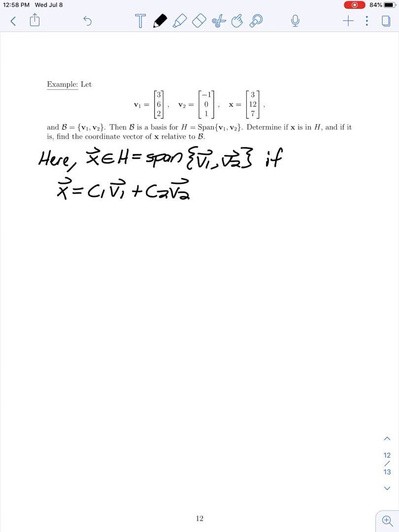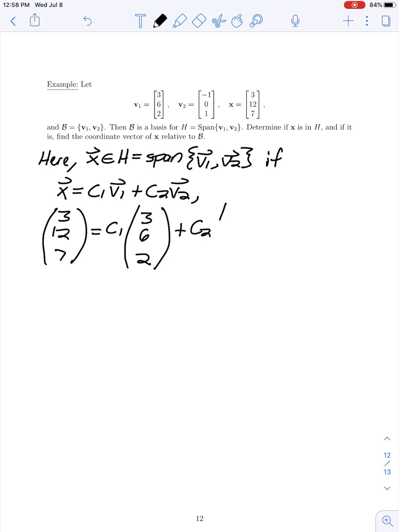So writing this in terms of an augmented matrix, or maybe in terms of vectors first, we have x, which was 3, 12, 7, has to equal c1 times v1, 3, 6, 2, plus c2 times v2, which was negative 1, 0, 1.